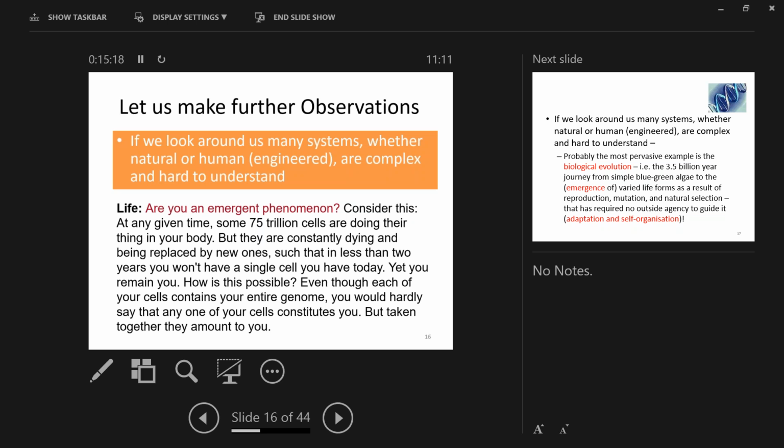We all know that at any given time, some 75 trillion cells are doing what the cells do in the body, but they are constantly dying and being replaced by new ones, such that, as we know, in less than 2 years, we won't have a single cell that we have today. Yet we remain who we are. How is this possible?